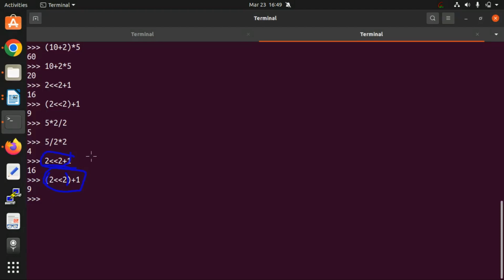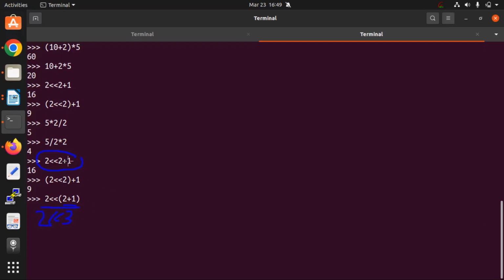So what do you want to do? You have to be clear. So generally what is done is you put brackets every time. So even if I want to actually do this itself, that is 2 plus 1 and then shift it to, get into habit of putting brackets to make it clear. So anybody who looks at this expression now knows very clearly that you're going to perform 2 plus 1 first, take the number 3 and then shift left by 2.